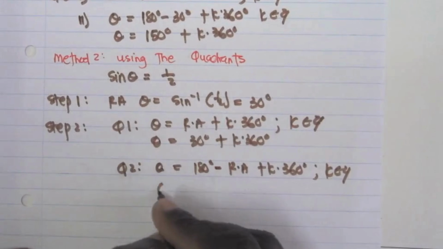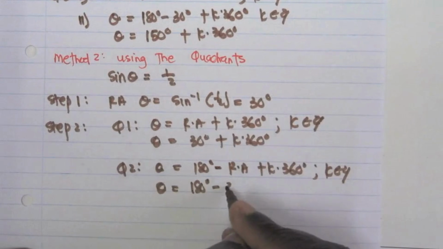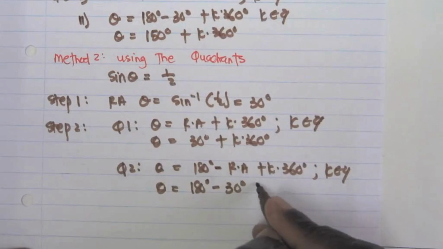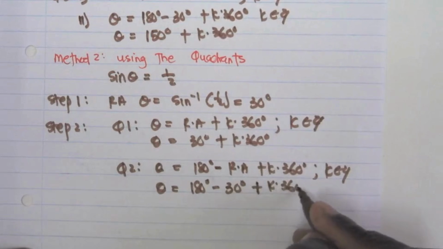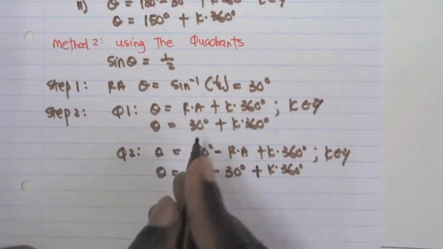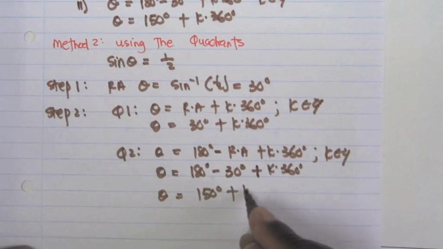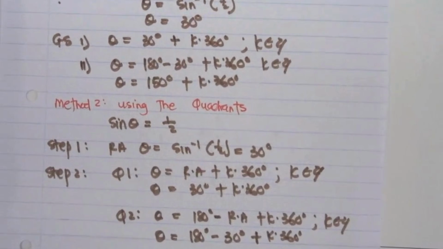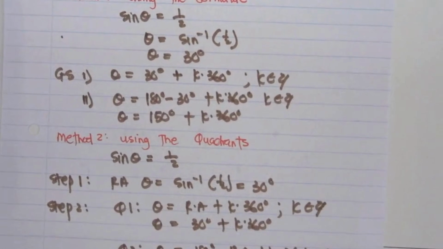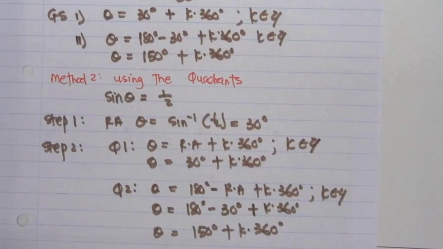And when I substitute here, I'm getting 180 degrees minus 30 degrees plus k of 360 degrees. And my final answer is going to be 150 degrees plus k of 360 degrees. And if you look closely here, you will see that both methods are giving us the same answer.